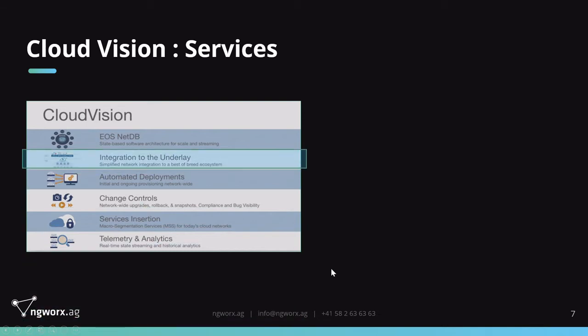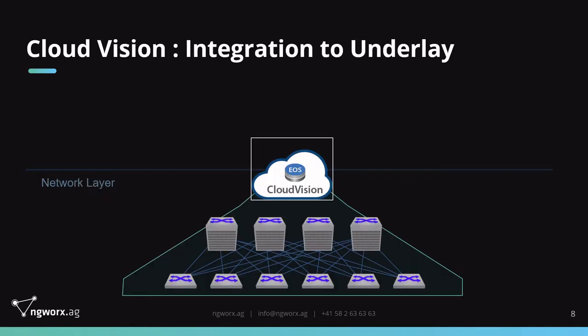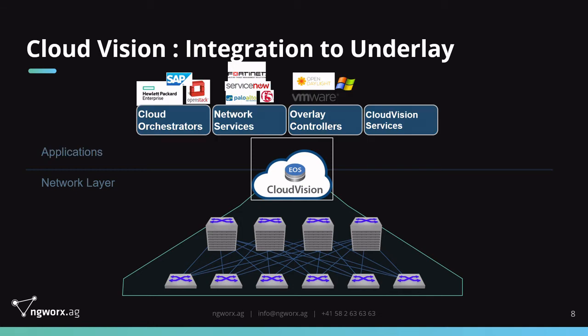Let's see an example of integration to the underlying network and how CloudVision can help from this point of view. In this slide, we can see a network infrastructure composed of Arista switches under the management and control of CloudVision. There is a clear distinction of the network layer from the applications running on top to control and monitor the network. Instead of having these applications communicating directly with each and every appliance in the network, we would have CloudVision put in the middle to bridge the network infrastructure and these higher level applications.